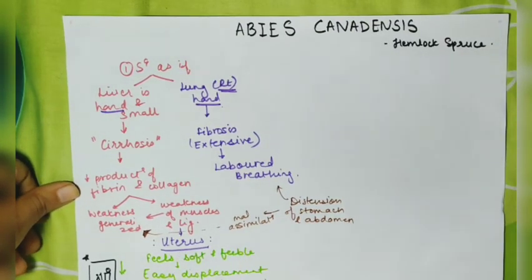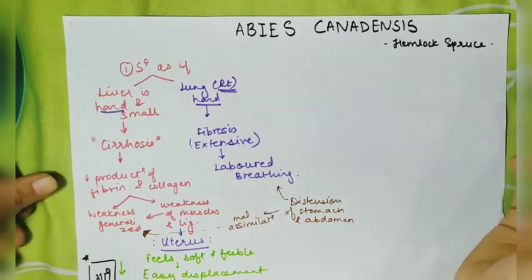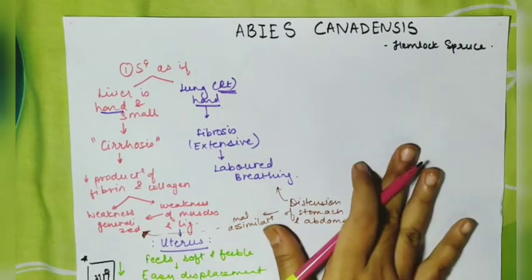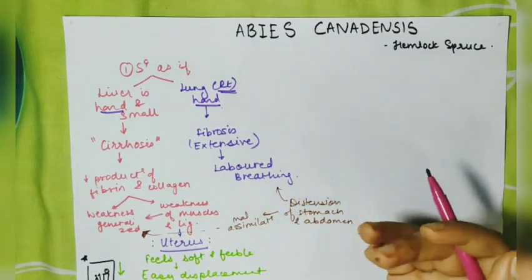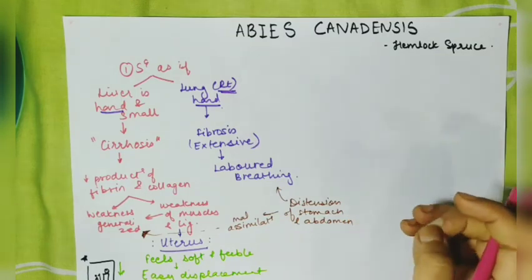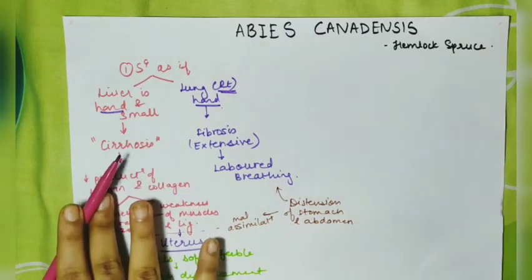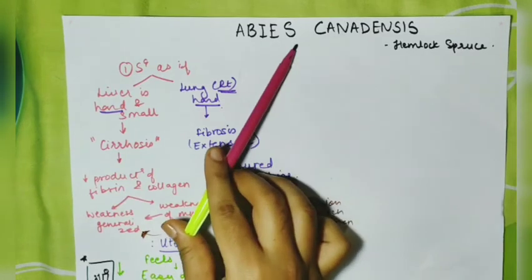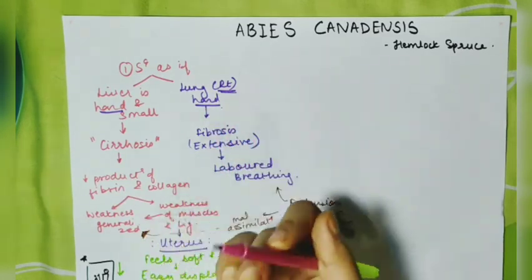What is the other part? Now you'll say that I have not mentioned the appetite, which is the most important factor of the remedy. Now appetite in cirrhosis is usually reduced, but as opposed to that, in this remedy the appetite is increased.